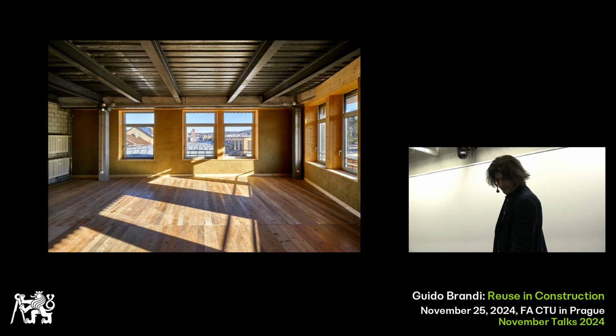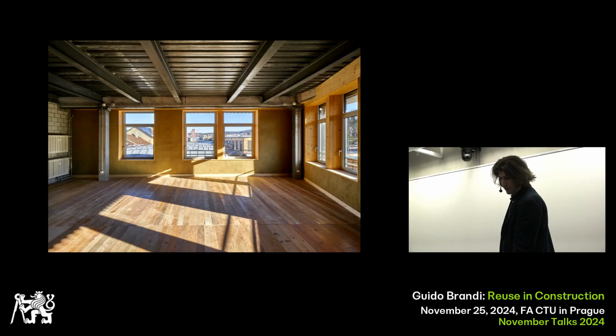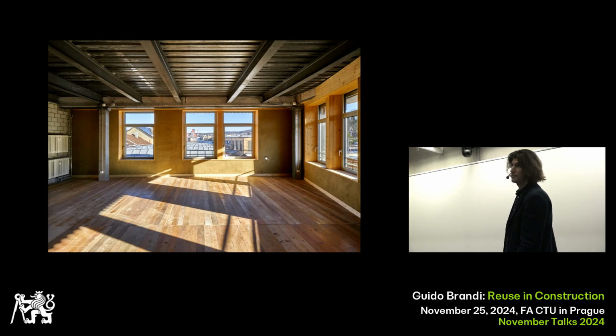The parquet, the entire steel structure, even the heating system were reused. The windows, as I said. The only thing new is the timber frame structure and the plaster, the clay plaster on top of it.